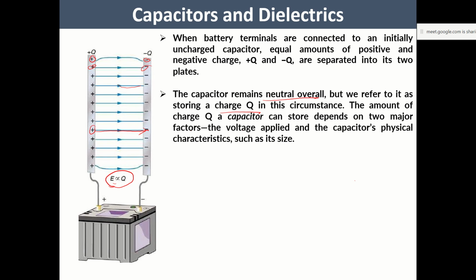The amount of charge will depend on various factors, such as physical characteristics like size.